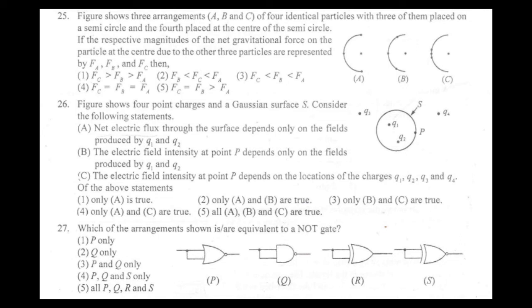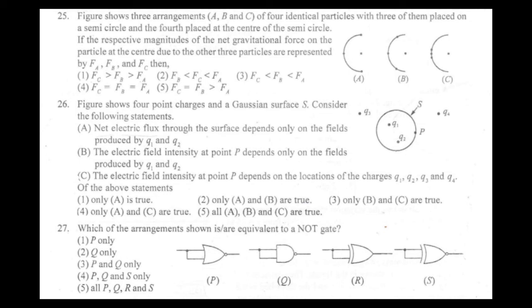You can draw the direction of forces on the particle at the center of the semicircle, and then take the components of forces in the x and y directions, and you can see that at A the y components will be cancelled off because the two forces are acting in opposite directions. So only the force in the x direction remains. So one force is there.